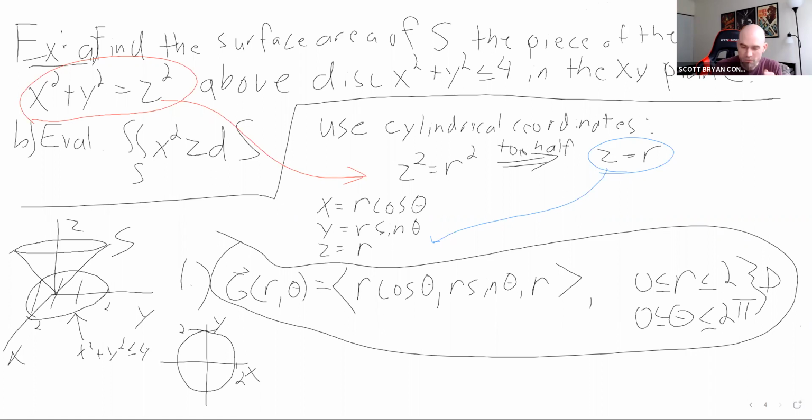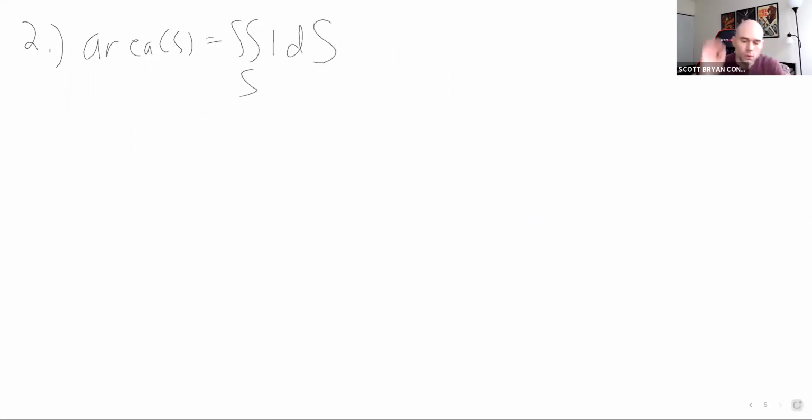Okay, so step 2, we want to know the surface area. So that's the integral over our surface S of 1 with respect to surface area. Sort of put that in parentheses because that's the thing we're trying to do.